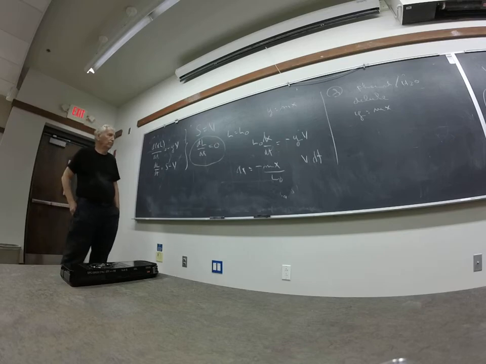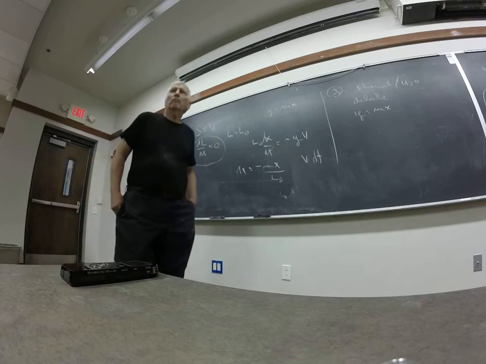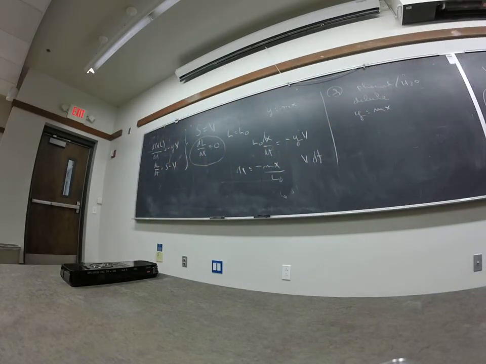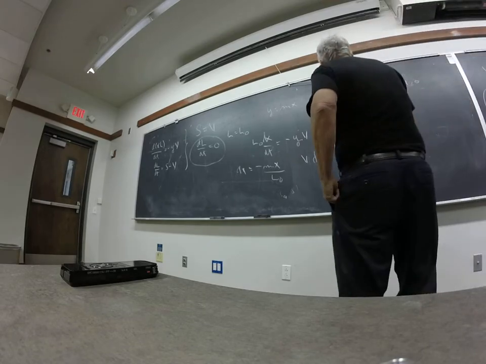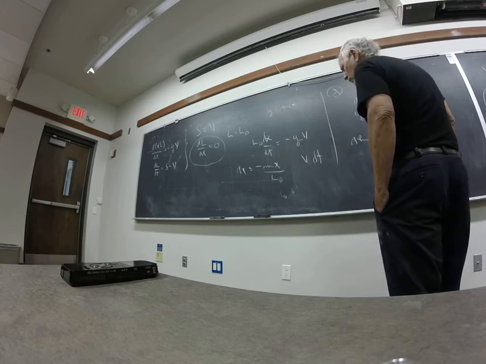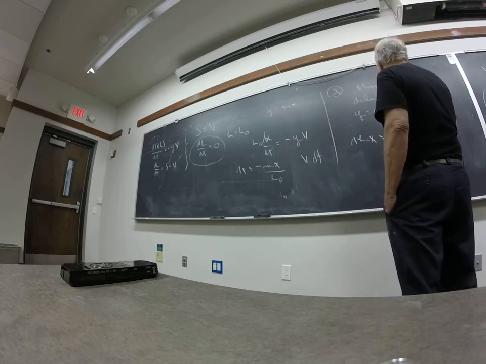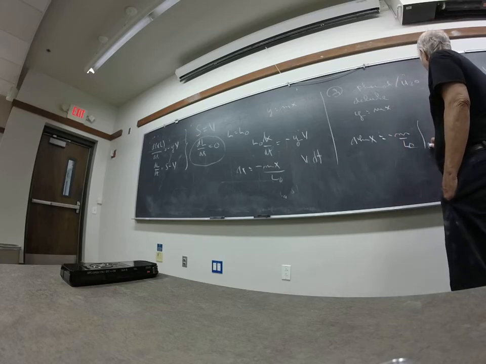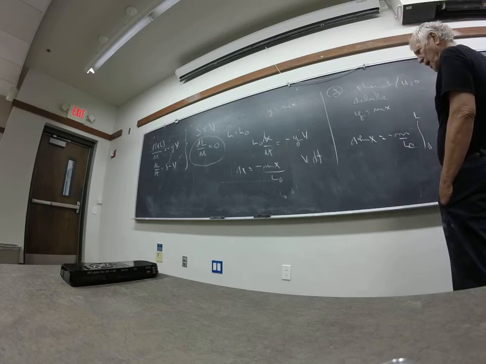Now, I'm no longer tracking time with the amount in the pot. The amount in the pot's constant. Time's moving on. So I've got to do this a different way. So the thing to do is simply observe dx over x. So I have d log x equals minus m over L0, integral from 0 to t of V dt.